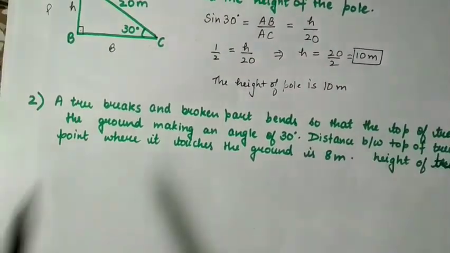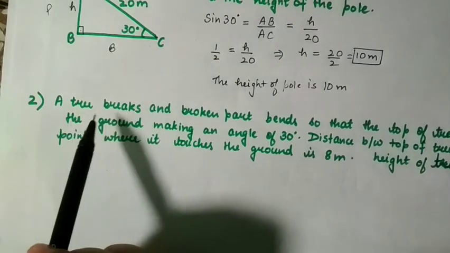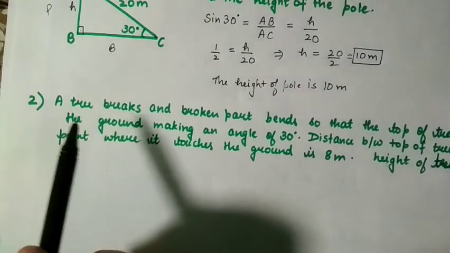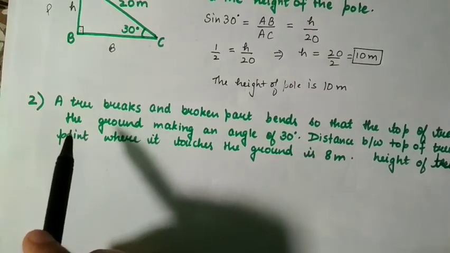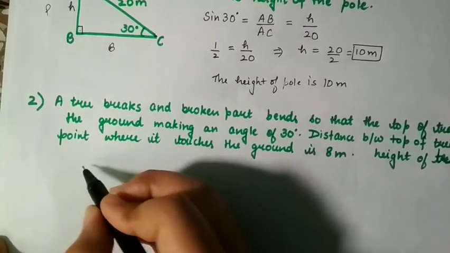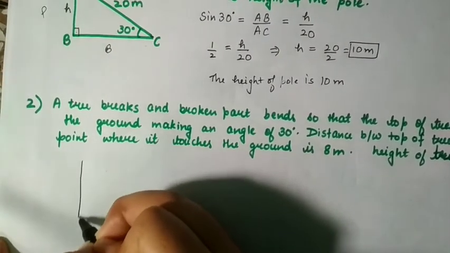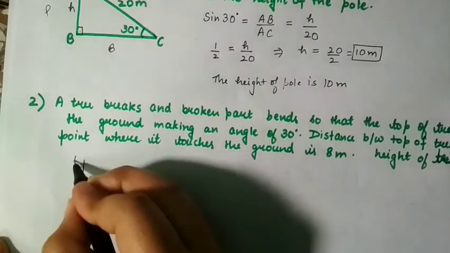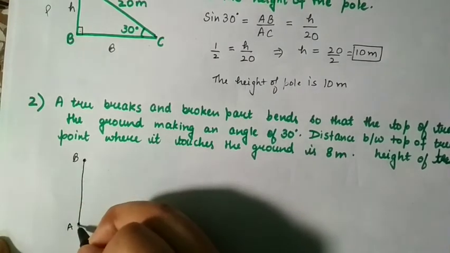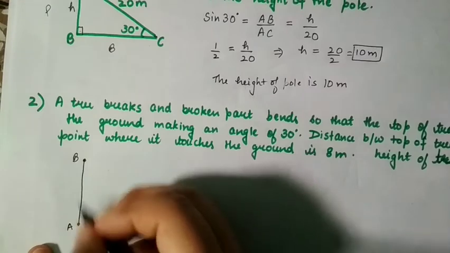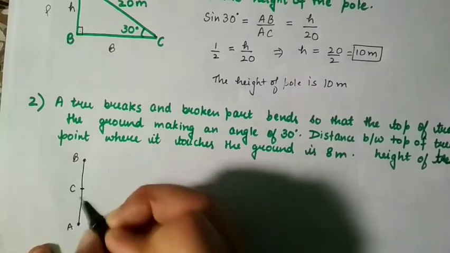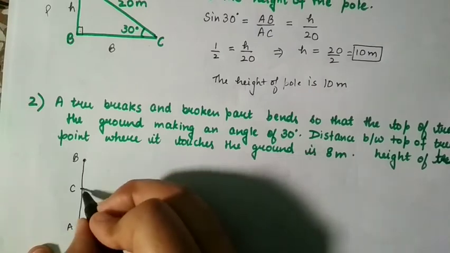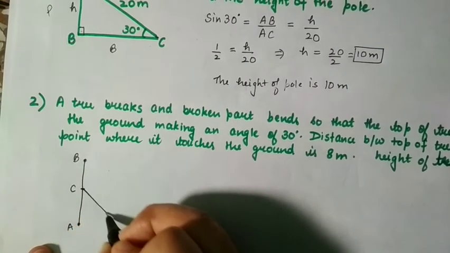In the second question, they are saying that a tree breaks due to storm and the broken part bends so that the top of the tree touches the ground, making an angle of 30 degree with the ground. Means if this was a tree, let it be AB. Due to storm this tree breaks down. Let it break from this point C. So it breaks and falls like this.